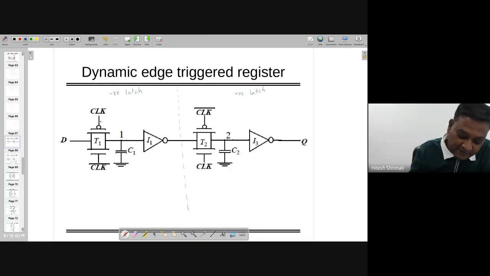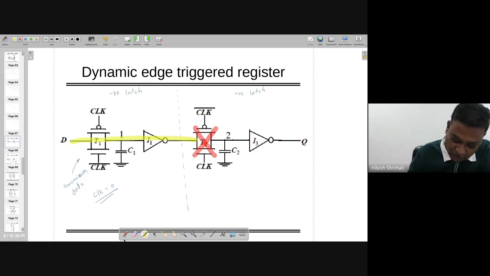You can see here, this is the transmission gate. When clock equal to 0, this yellow line is going to be activated, whereas this particular transmission gate is going to be off.